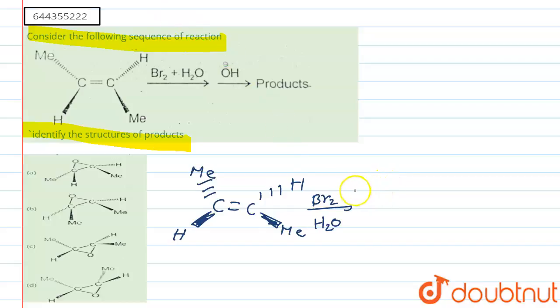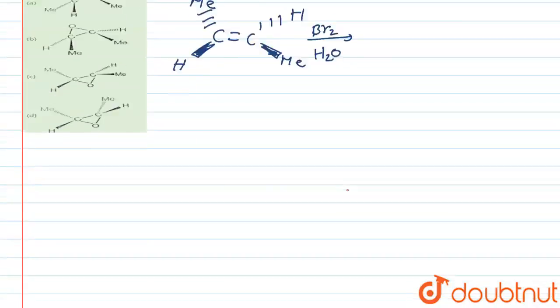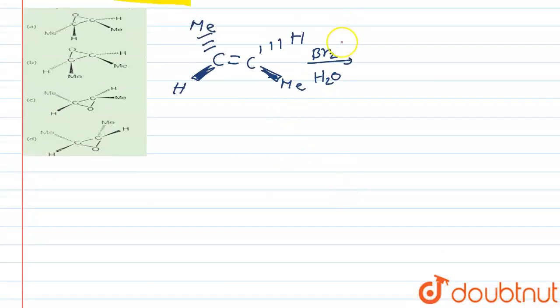Now we are going to see what is happening in this reaction. The bromine molecule forms a cyclic halogen intermediate like this. When this Br is broken here, it forms an electrophile and a nucleophile.